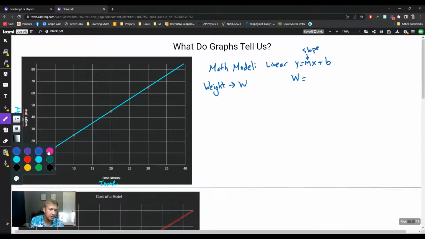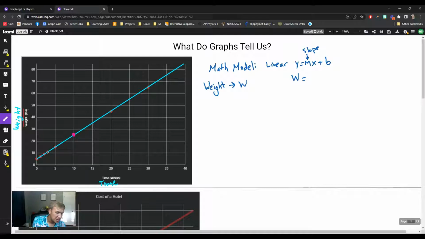If I come back over here, let's pick a nice pink color. This is a little bit of a review from algebra: how to find the slope of a line. We pick 2 points on our graph, preferably 2 points where we can tell about where they are. This one looks pretty good to me.